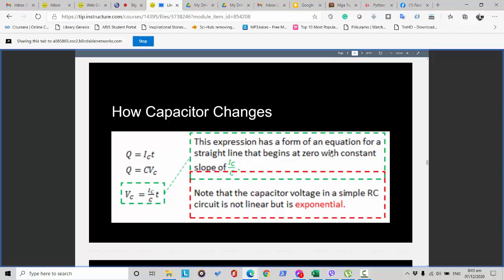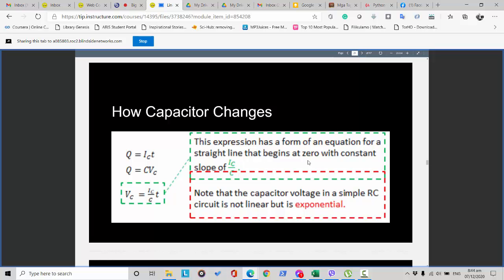This expression has the form of an equation for a straight line that begins at 0 with a constant slope of IC over C. So the formula for the voltage of the capacitor is equal to IC over C multiplied by t.